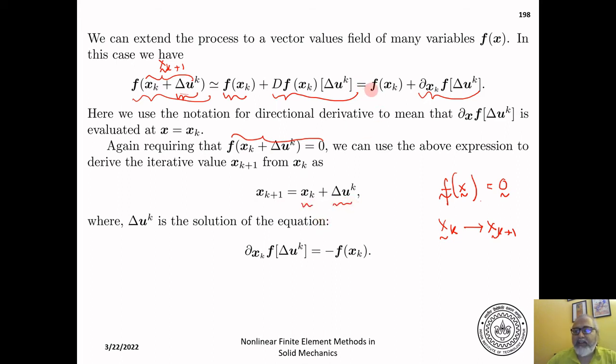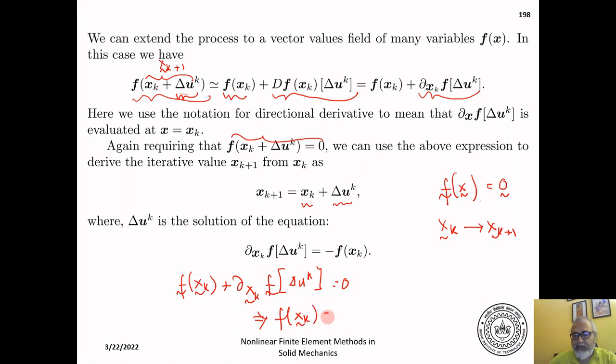To calculate delta uk, what we have to do is set f(xk) plus the directional derivative of f in the direction of delta uk equal to 0, which means that f(xk) equals minus the directional derivative of f. This f(xk) is obviously known from the previous iteration because we already know xk, therefore we know f(xk) as well.